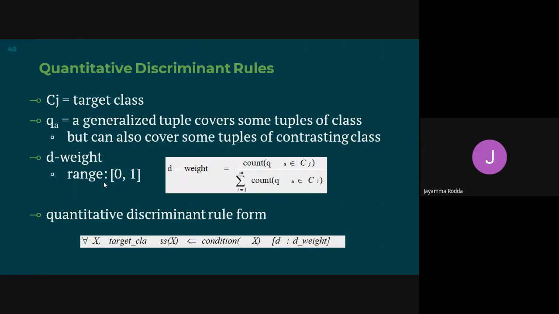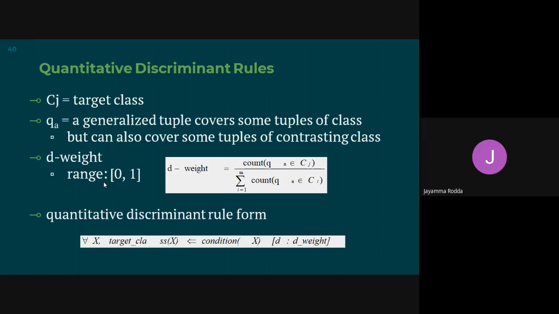So we use this quantitative discriminant rule, which associates a statistical interestingness measure. In order to identify that interestingness measure, we are going to find the quantitative discrimination rule.